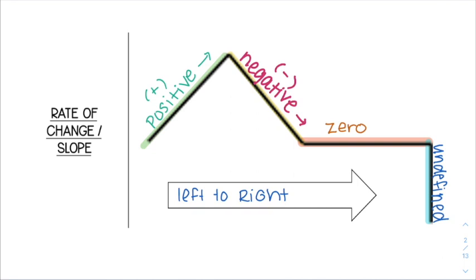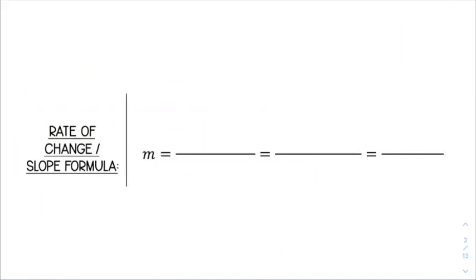So now that we learned a little bit of what a slope would look like in the different situations, whether it's positive, negative, 0, undefined, let's talk about how to find and calculate your rate of change in slope. And just to go through this, your rate of change, whenever you see that, is synonymous with slope. So they're interchangeable.